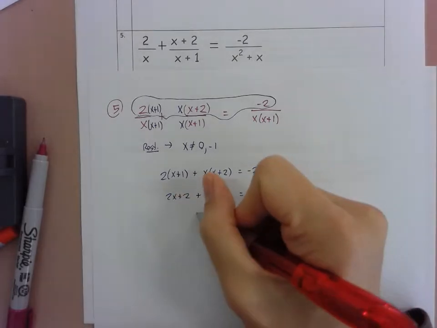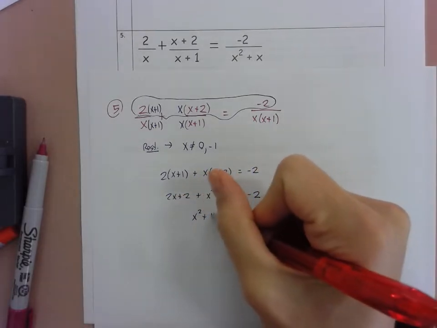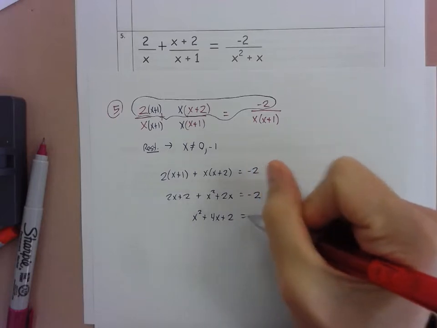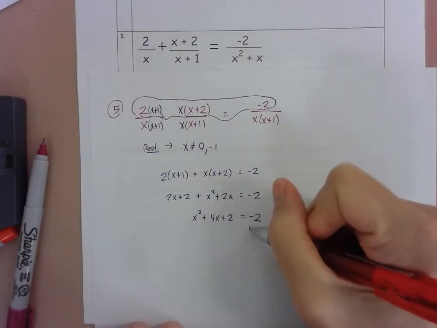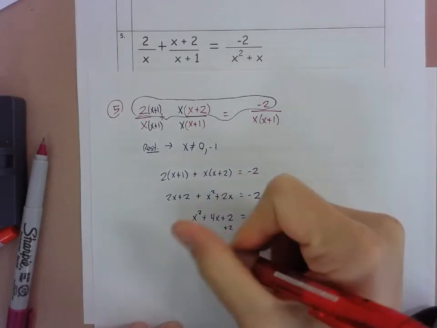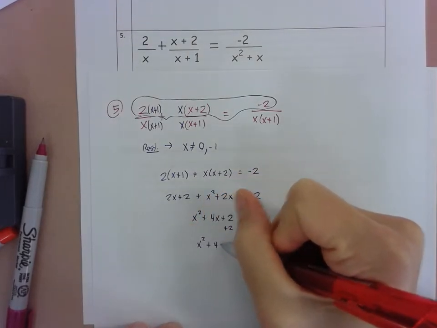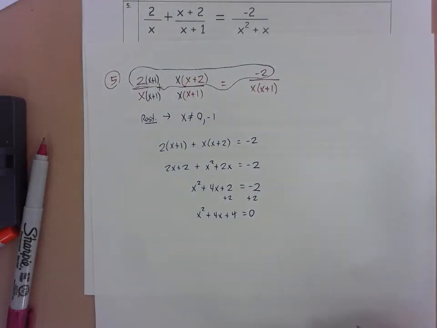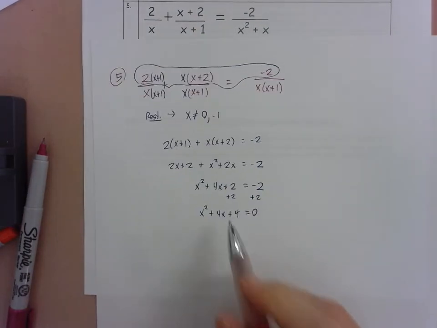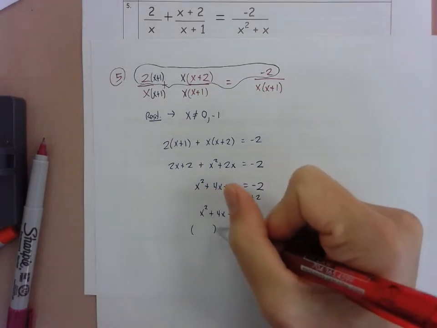Combining like terms, it's going to be x squared plus 4x plus 2 equals negative 2. Looks like I'm going to need to move that negative 2 over here, so we'll add that. And that's going to be x squared plus 4x plus 4 equals 0. Looks like we got a factoring problem again.